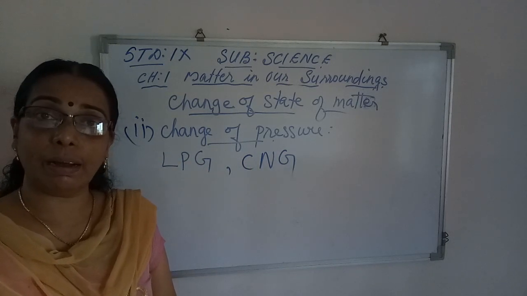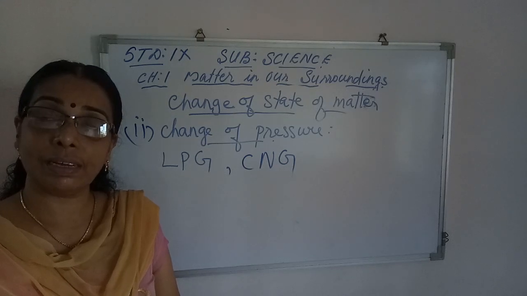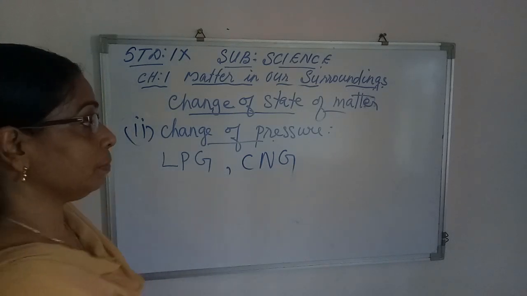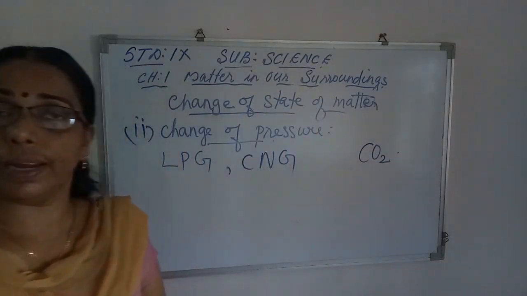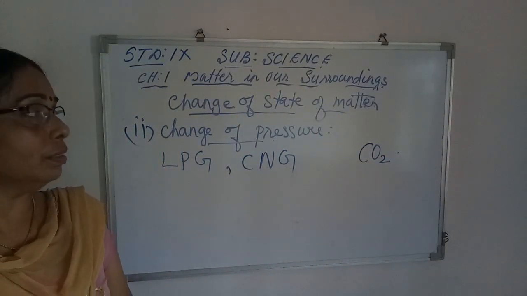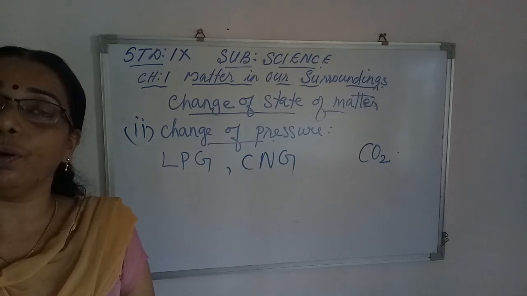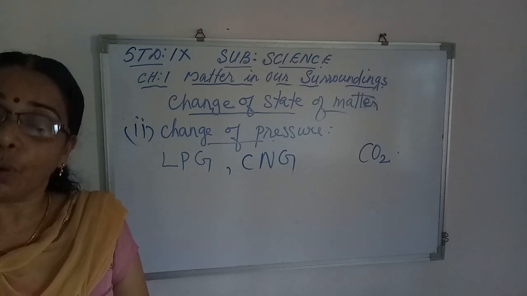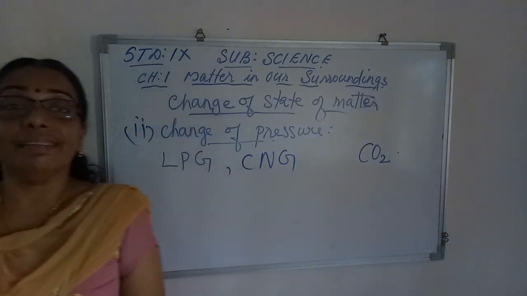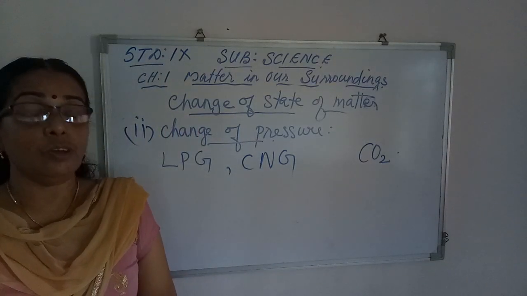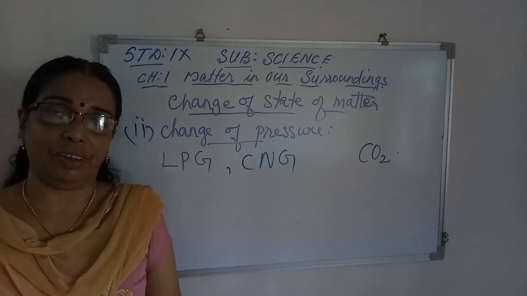Same way, another example. Have you heard of dry ice? Solid carbon dioxide. What is dry ice? Solid carbon dioxide is called dry ice. That is carbon dioxide gas stored under high pressure.